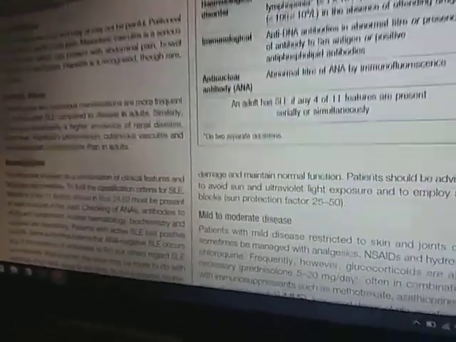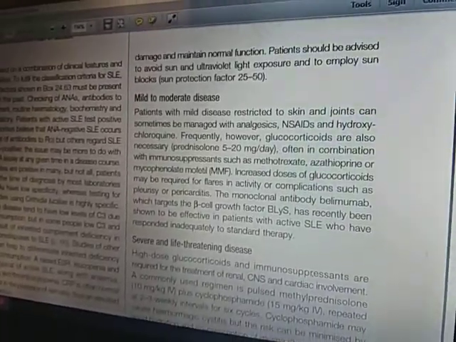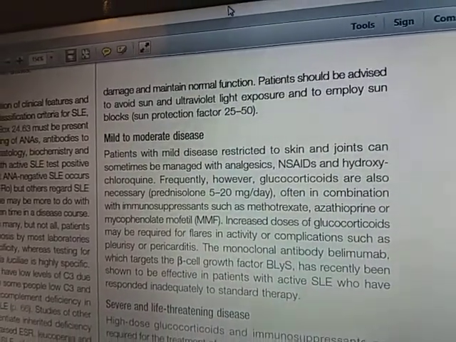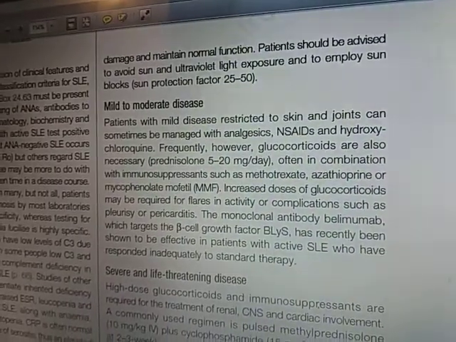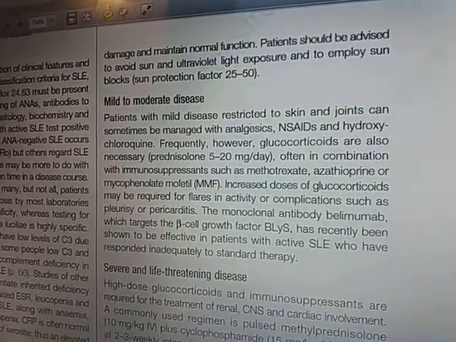Now, the management of SLE. One should avoid sun and ultraviolet exposure, control hypertension, control hyperlipidemia, and stop smoking.